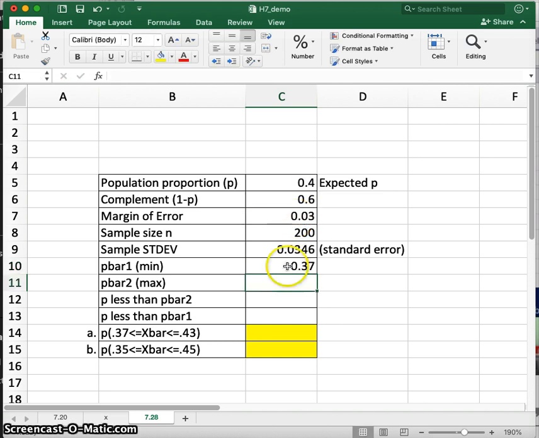The maximum P bar would equal the expected p-bar plus the margin of error. So I'm looking for the probability that the sample proportion falls between 0.37 and 0.43 if the population proportion is 0.4.